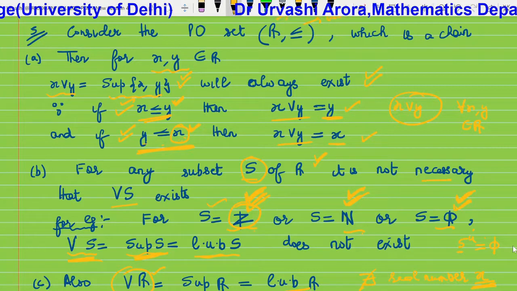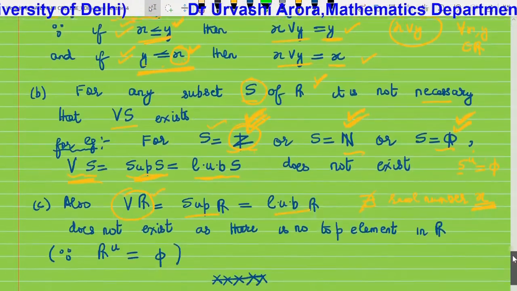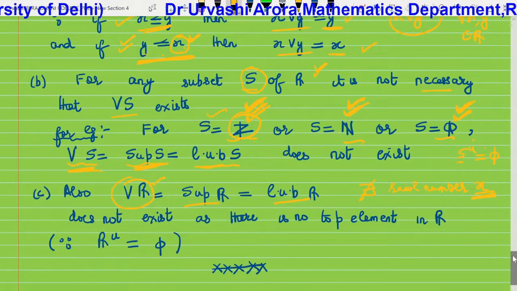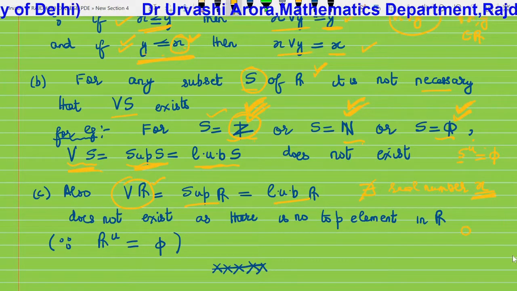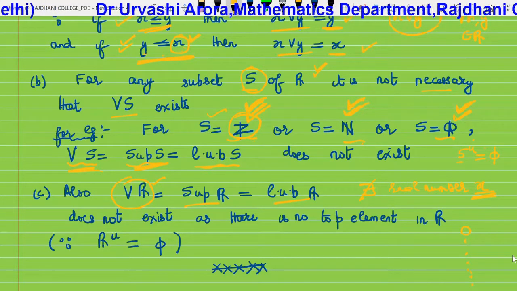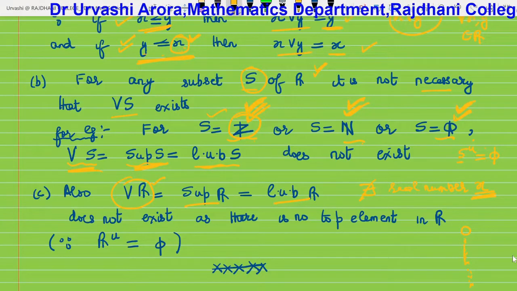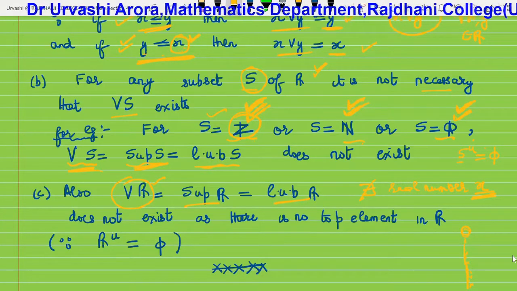That is not possible, because all the real numbers cannot be below any one particular real number in the Hasse diagram, which means that there is no top element.